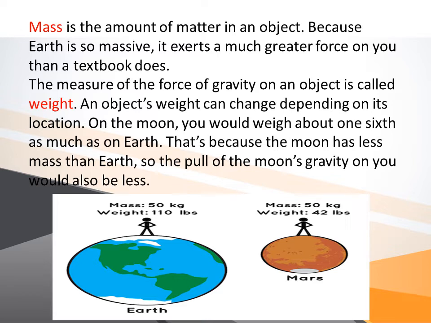The mass of this person is the same, 50 kilograms, both on Earth and Mars, but the weight on Earth is more than on Mars. Why? Because Earth's mass is so much greater, so its pull of gravity, or gravitational force, is greater than that of Mars. So you may weigh more on Earth than on Mars.